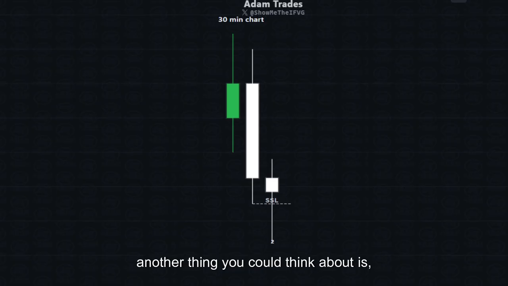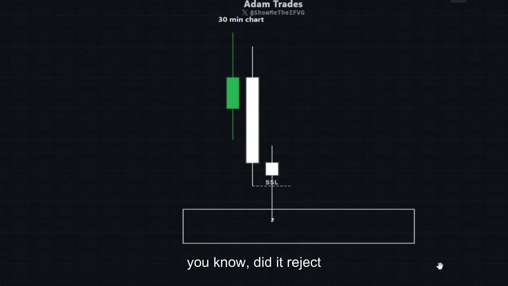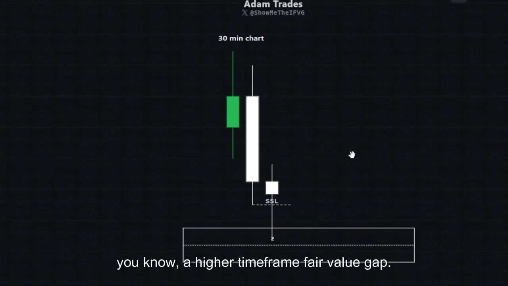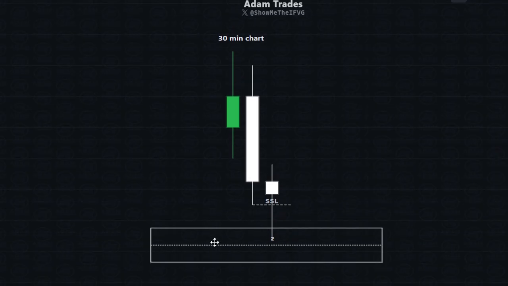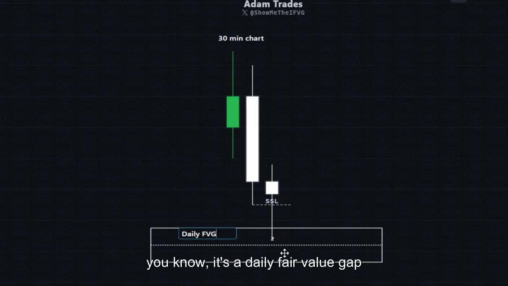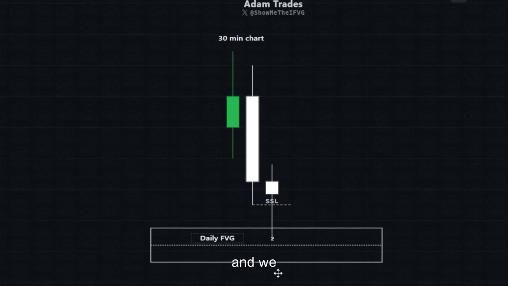Another thing you could think about is, did it reject out of a higher time frame fair value gap? So if we're on the 30-minute here, maybe this is a daily fair value gap, and we went into the fair value gap.